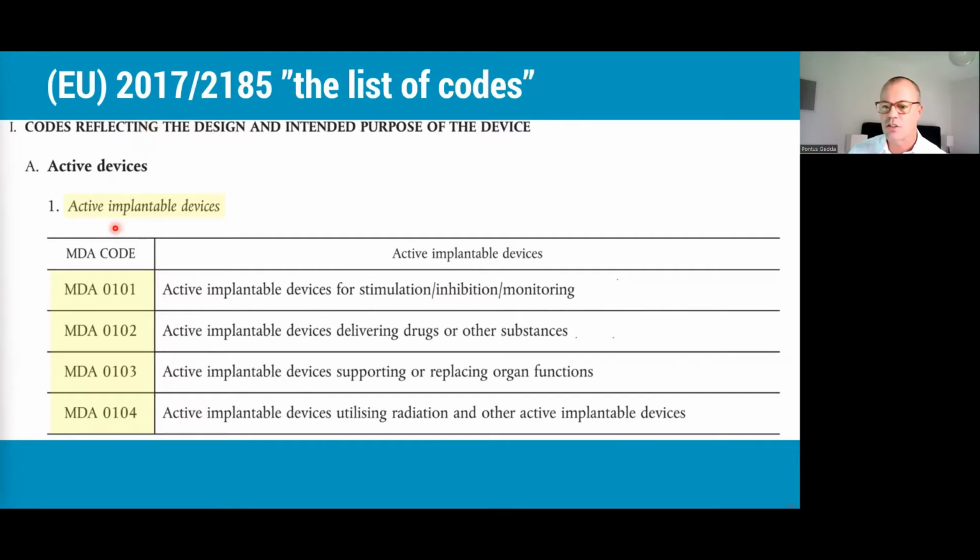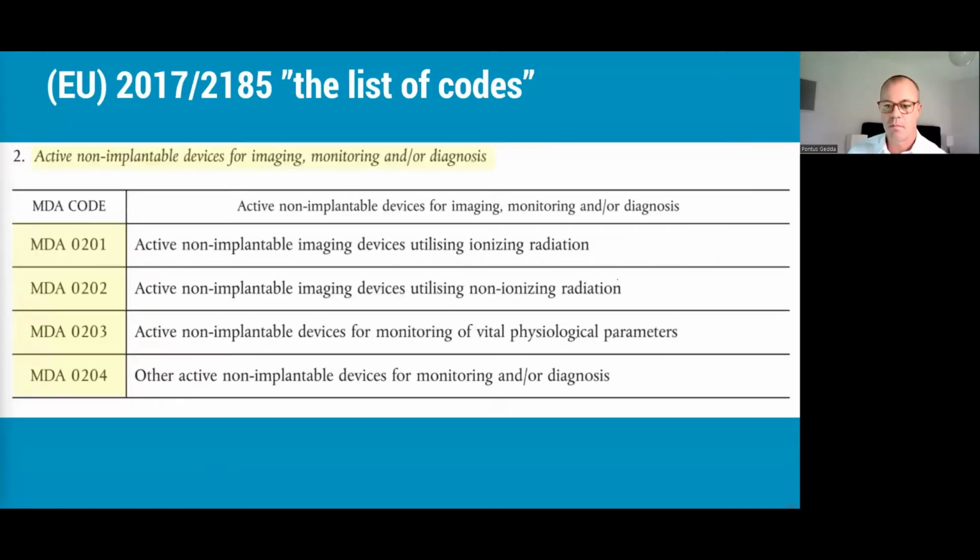And this regulation starts with the MDA codes. So the first MDA group of codes is active implantable devices. So this is where the active implantable medical devices are to be found with its 4 categories of devices. So these devices had their own directive earlier, but now they are included in MDR.